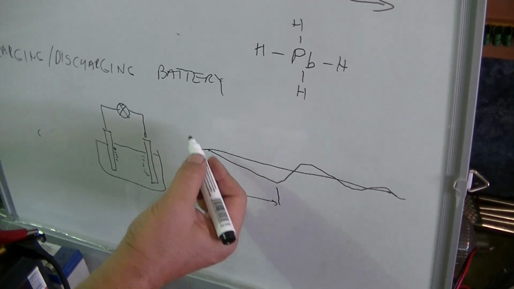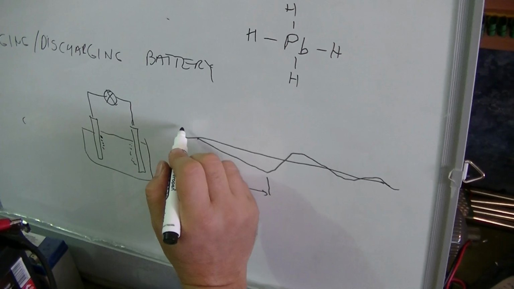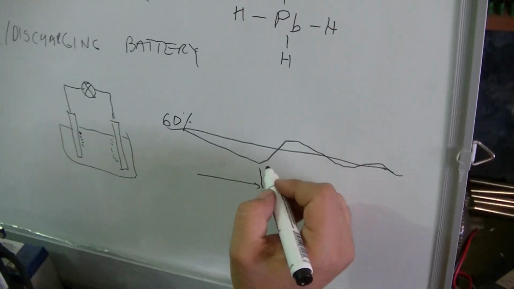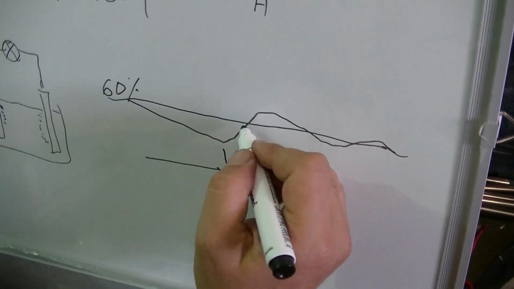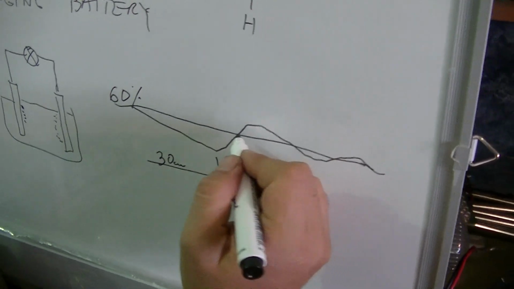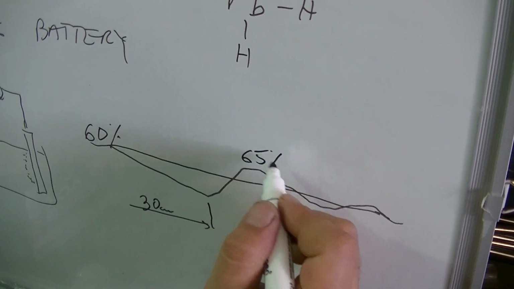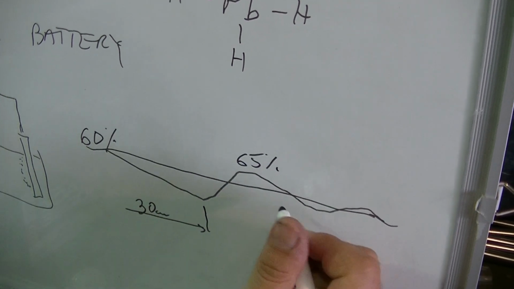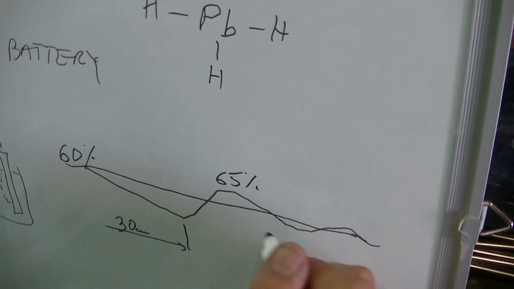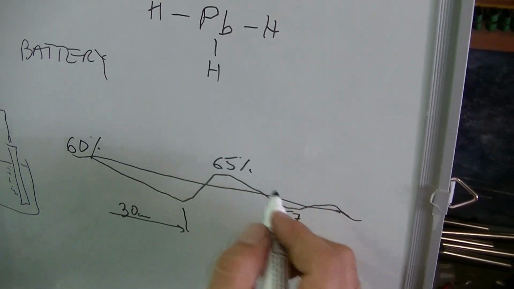If you start this discharging with, let's say, 60% of capacity, after discharging 30 minutes, it could happen that we get for a while 65% of capacity, and by itself, with time, it will go down to, let's say, 57 and so on.